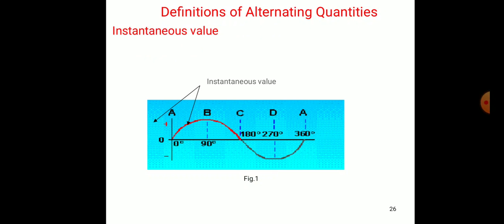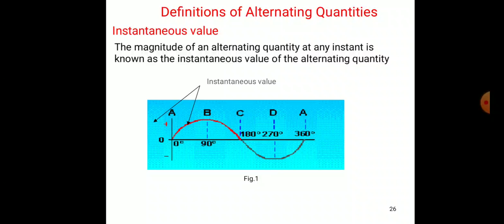First we need to know the various definitions regarding the alternating quantity. The first one is the instantaneous value. The magnitude of an alternating quantity at any instant is known as the instantaneous value.